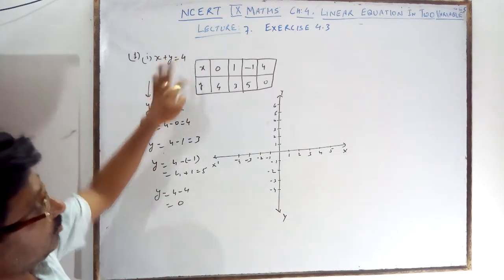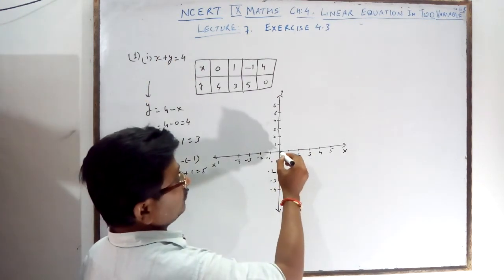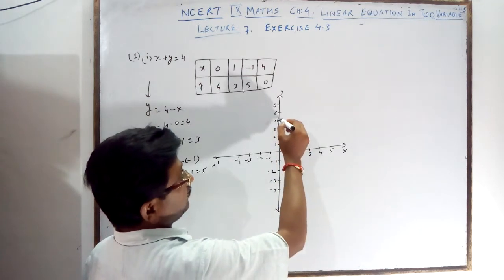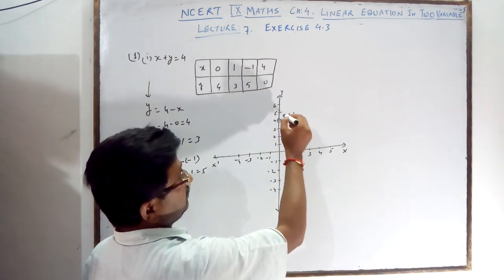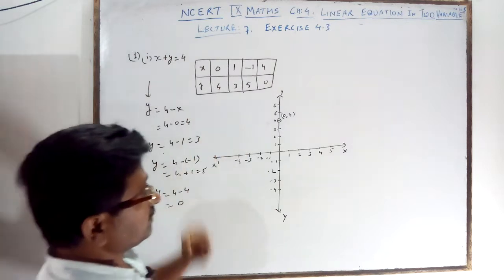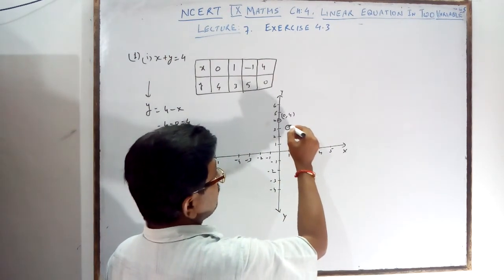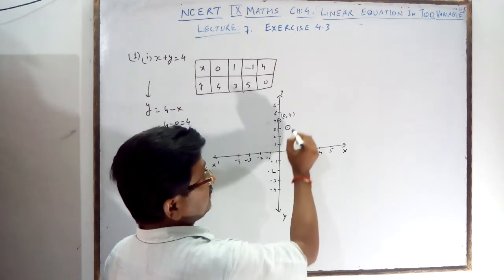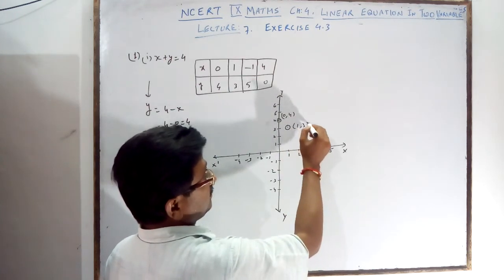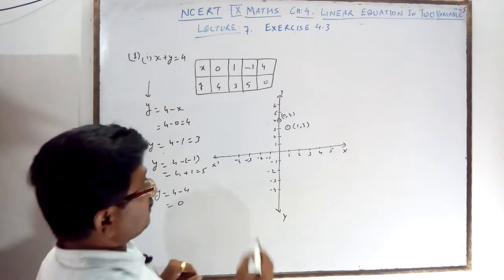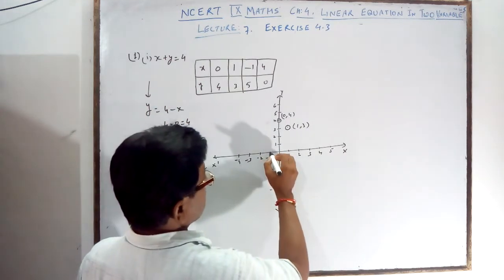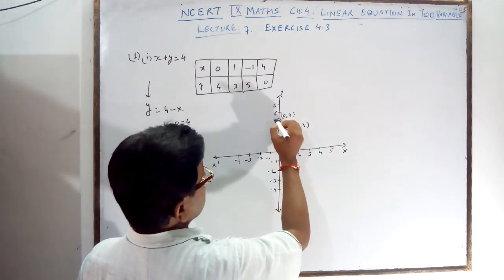So (0, 4) means x is 0 and y is 4; it is a point known as (0, 4). Then (1, 3): put a dot where both lines intersect, and write (1, 3). Then (-1, 5): -1 is here, and then you go up until here.